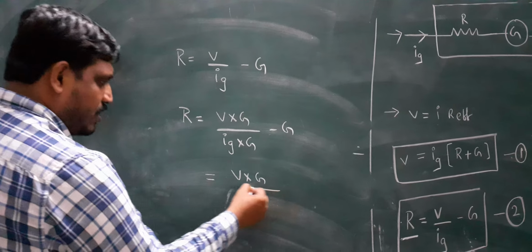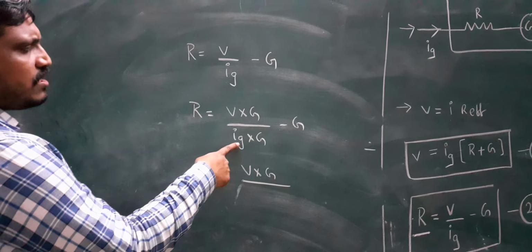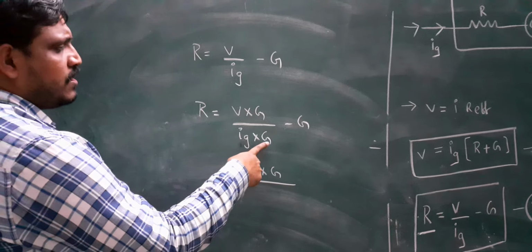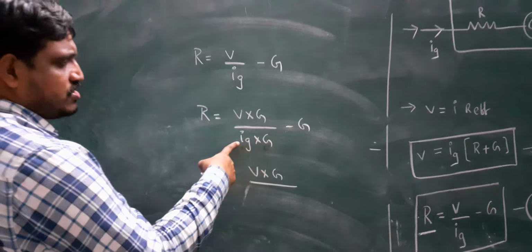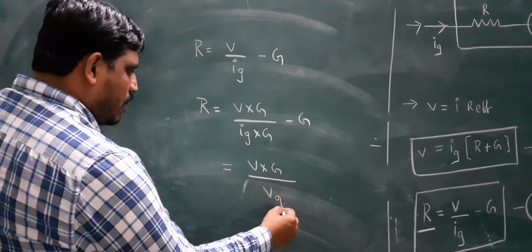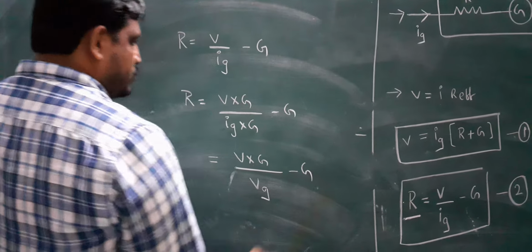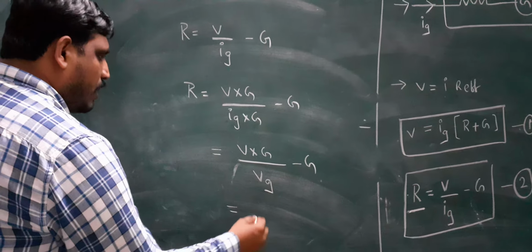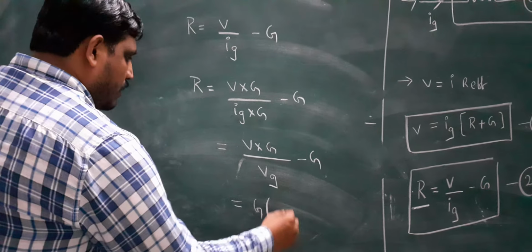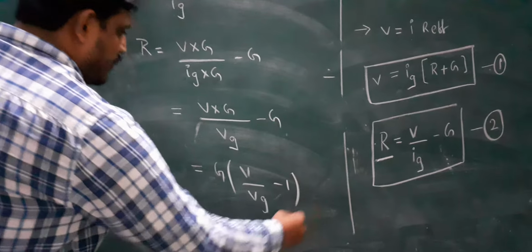Please concentrate on the formula: V into G. Galvanometer current times galvanometer resistance gives the voltage on the galvanometer. Here minus G. The common term is G, remaining V by Vg minus 1.